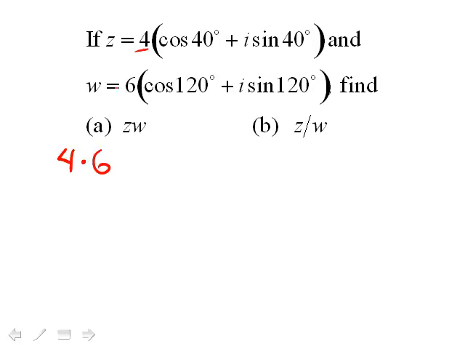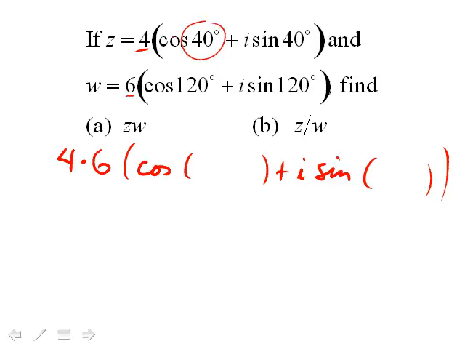This is the magnitudes, and then cosine of something plus i sine of something, and the something there is the sum of the arguments. 40 degrees for z, 120 degrees for w. So 160 degrees is the expression for A.